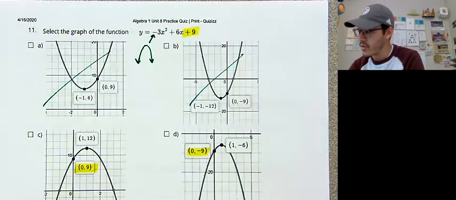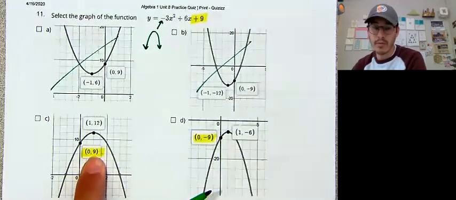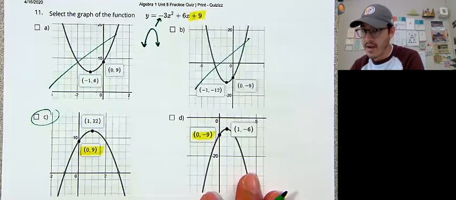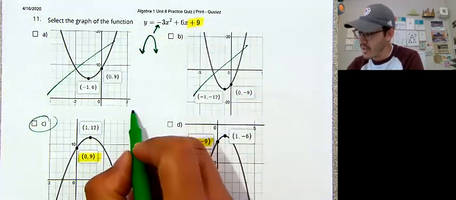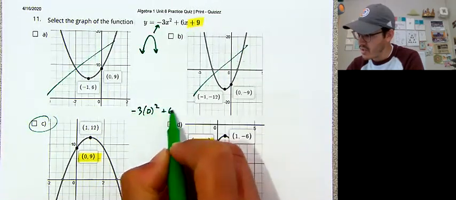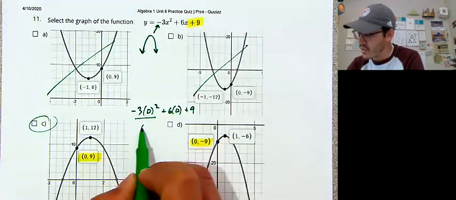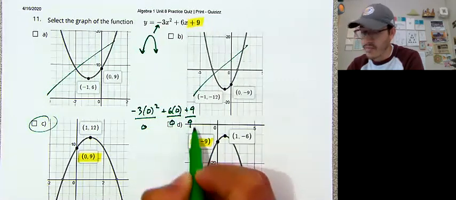So since it's +9, the parabola will intercept the y-axis at +9. And we can just verify that by substituting 0 into our function: -3 times 0 squared plus 6 times 0 plus 9. So that term is 0, that term is 0, and then all we have is the 9.